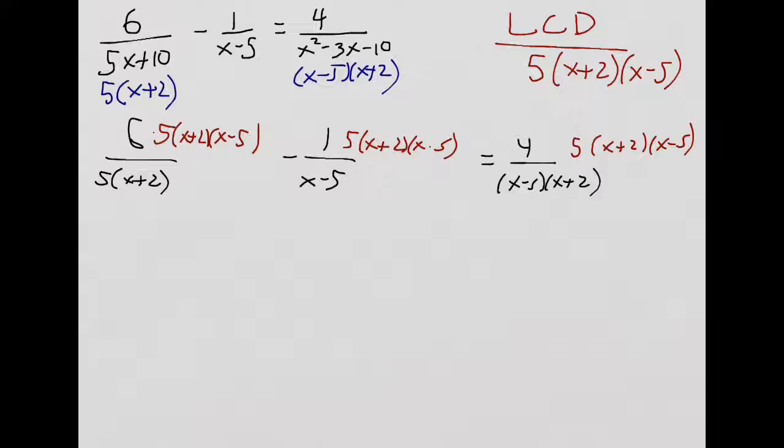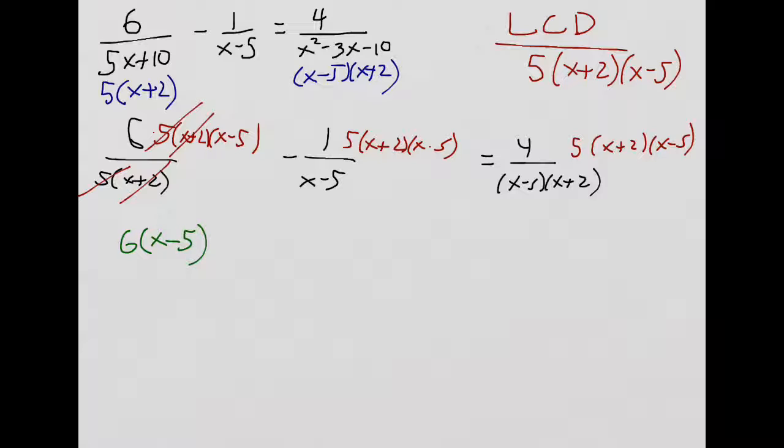So what's going to happen now? All these denominators should cancel out. Let's look at the first term. The denominator is 5 times x plus 2, but what do you notice? There's a 5 and x plus 2 here, and these are going to cancel out. Here we have to be careful. What's left is the 6 times x minus 5.